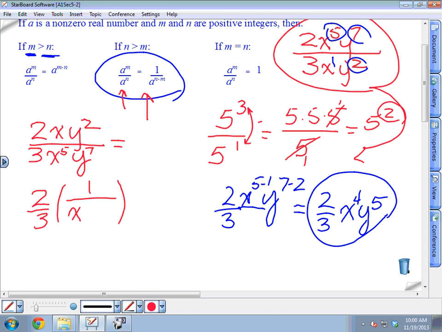N minus m, right? That's the denominator exponent minus the numerator exponent, so my 5 minus my 1. Y to the 7 minus 2, right? So this is equal to 2 over 3 times 1 over x to the 4th, y to the 5th.